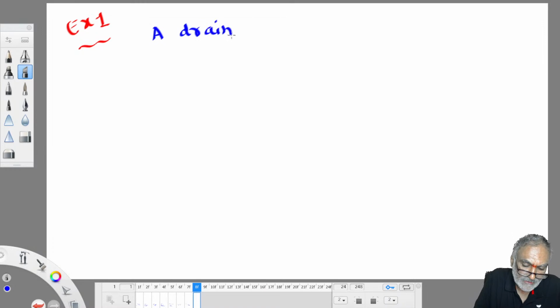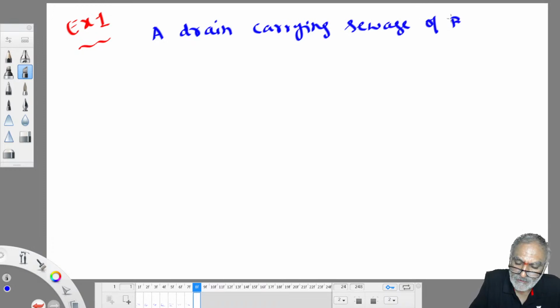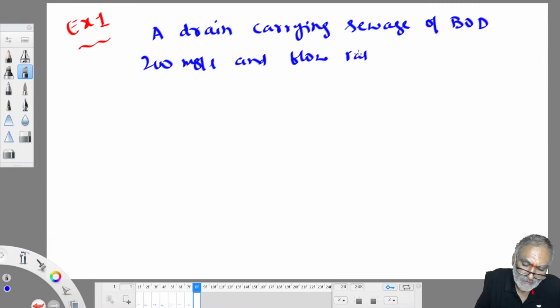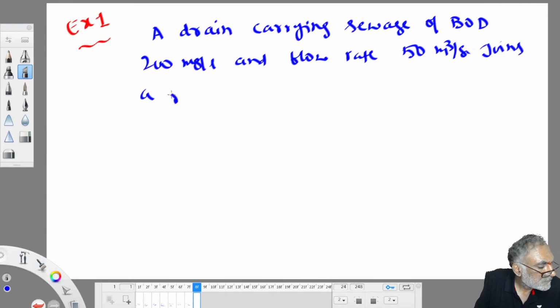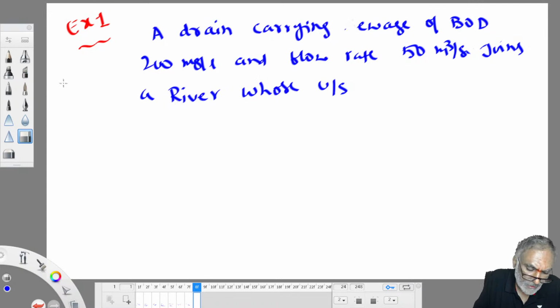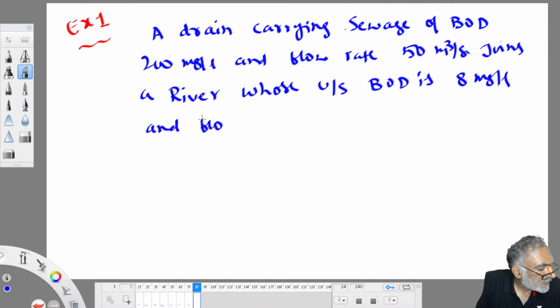A drain carrying sewage of BOD 200 milligram per liter and flow rate 50 meter cube per second joins a river whose upstream BOD is 8 milligram per liter and flow rate is 500 meter cube per second.